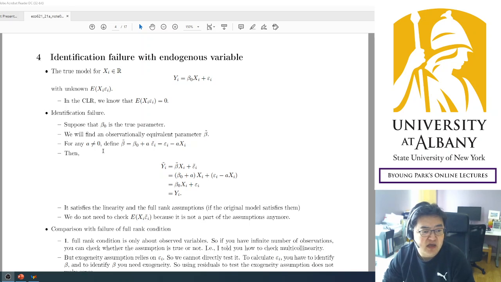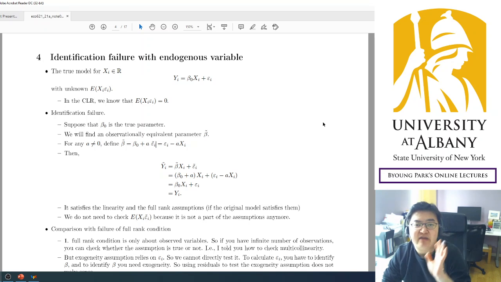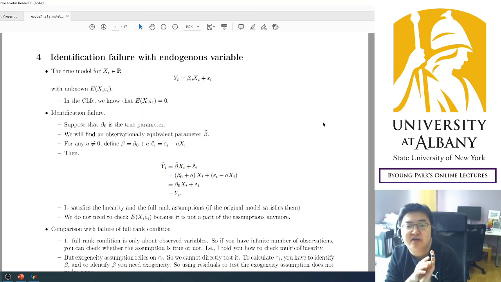If you define beta tilde as beta 0 plus A, it is different from beta 0. There must be a comma here, sorry about that. So beta 0 and beta tilde are different. And to compensate for this increase, I will subtract A x from epsilon and define epsilon tilde. So I define the new and different parameter value and a new error term.